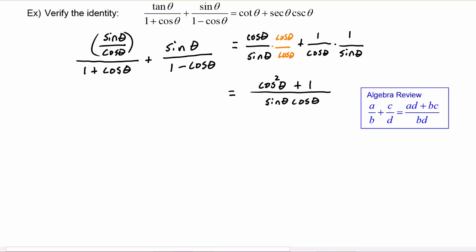Those are both already in terms of sine and cosine. Here we have a complex fraction. We're going to want to clear it out by multiplying by 1 in the form of cosine theta over cosine theta.